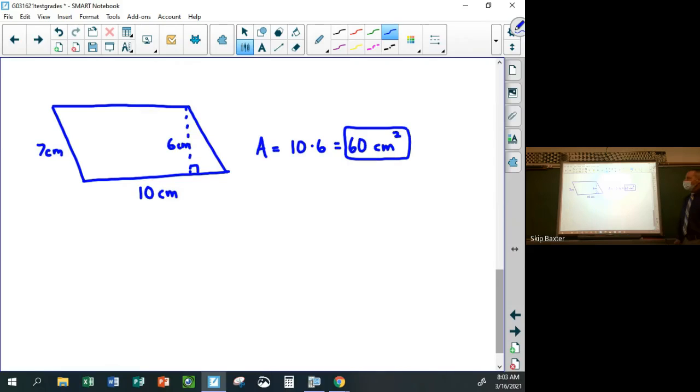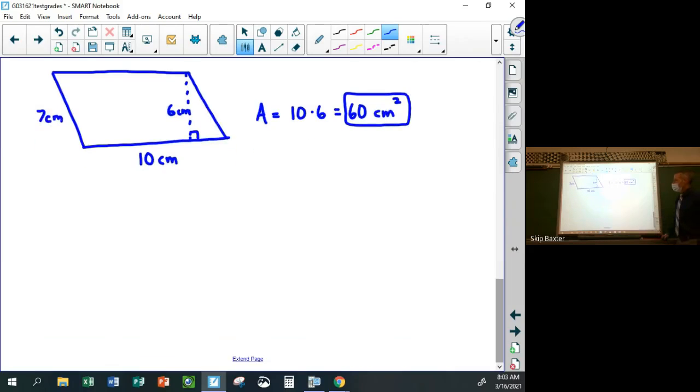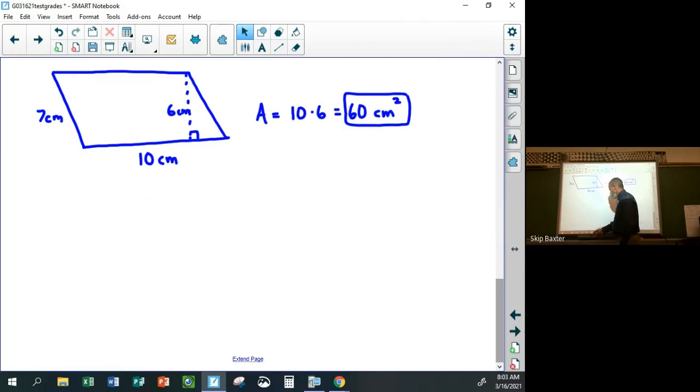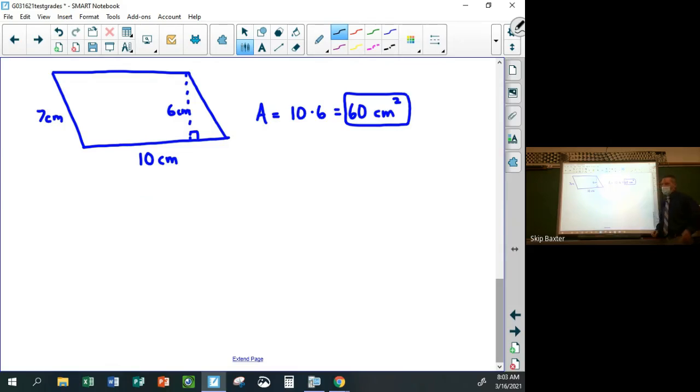Okay. Another thing that they might do sometimes is give you a parallelogram where the perpendicular height isn't in the interior of the parallelogram. For example, they might give you something like this, a parallelogram that's drawn like this.